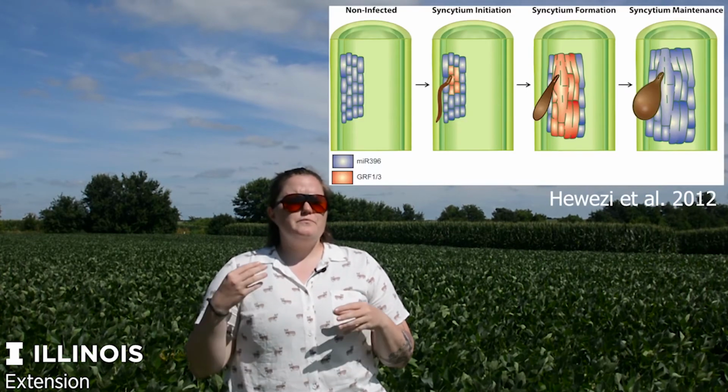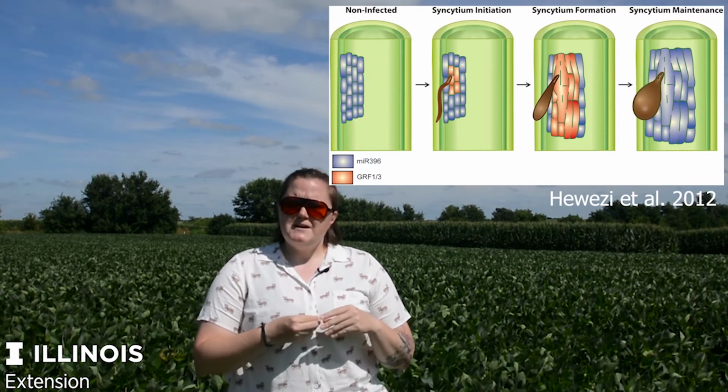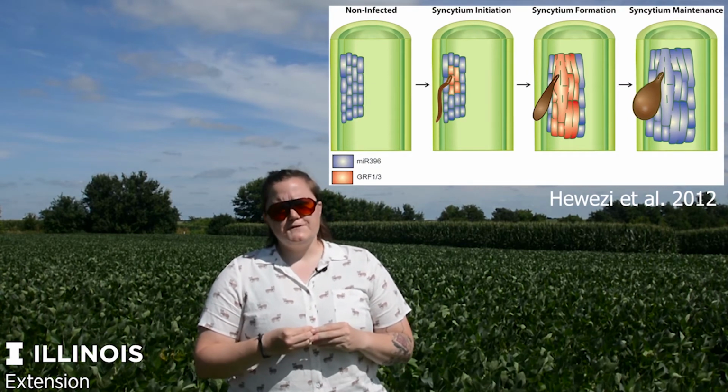When the second stage juveniles hatch in the soil, they will travel to the soybean root, enter the root, where they will establish a feeding site, and that occurs over time as they exude these specific proteins which manipulate the plant roots to form this kind of specialized feeding site that's called a syncytium.